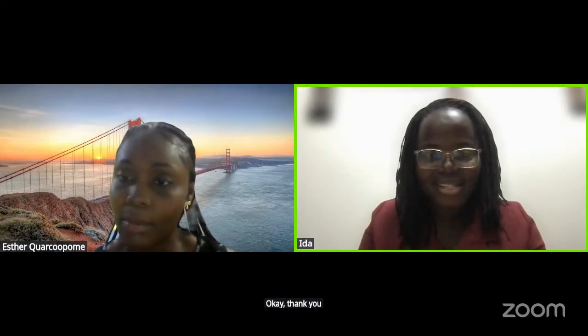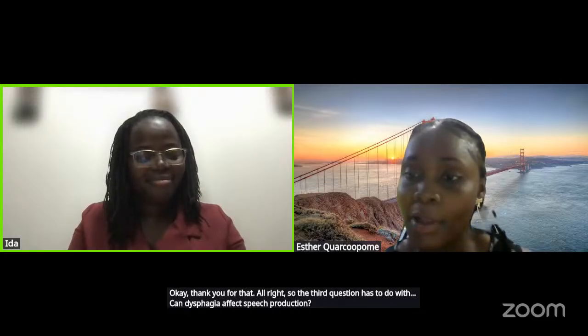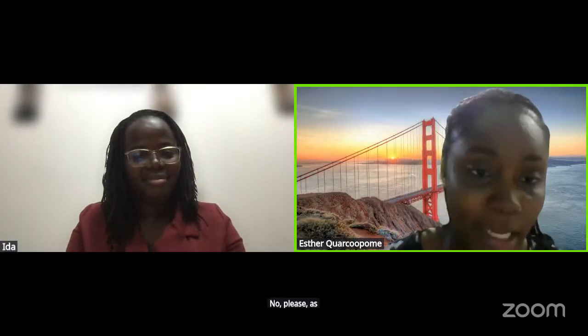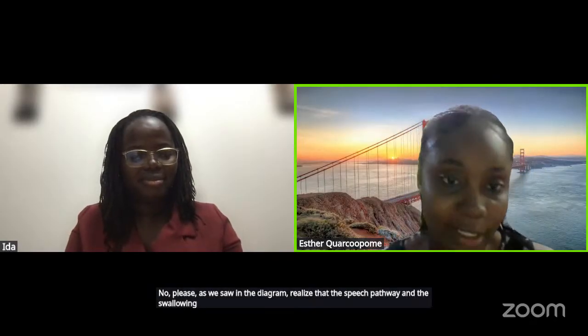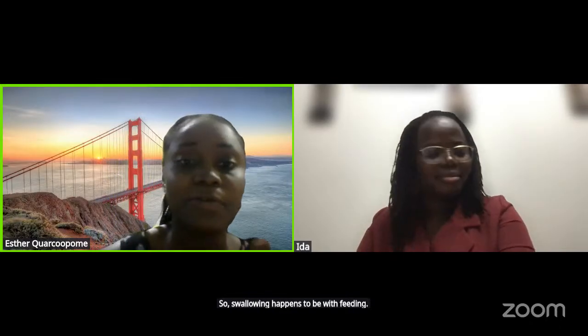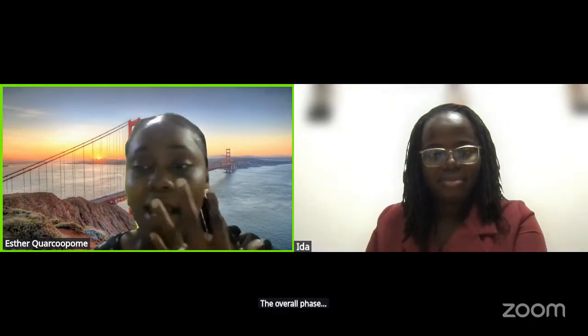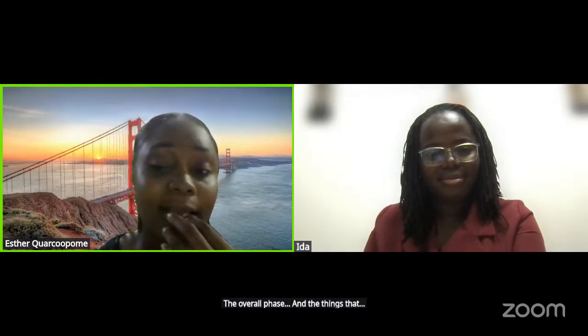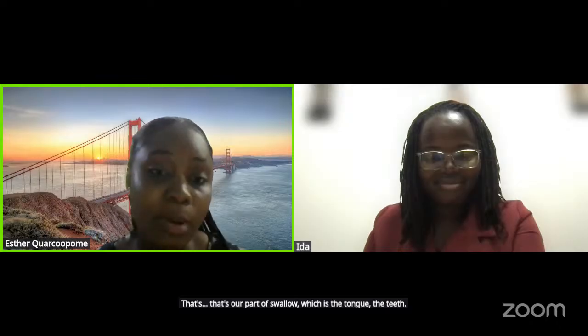Okay, thank you for that. All right, so the third question has to do with: can dysphagia affect speech production? No, please. As we saw in the diagram, realize that the speech pathway and the swallowing pathway are different. Swallowing has to do with feeding. Speech is a different way, although most of the organs that are part of swallowing in the oral phase, which are the tongue and the teeth, are also part of speech production.